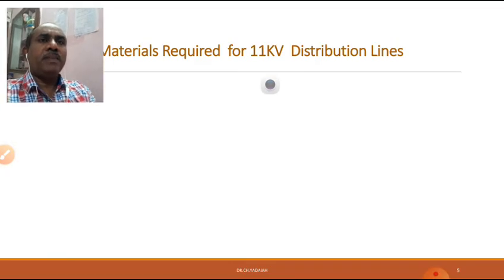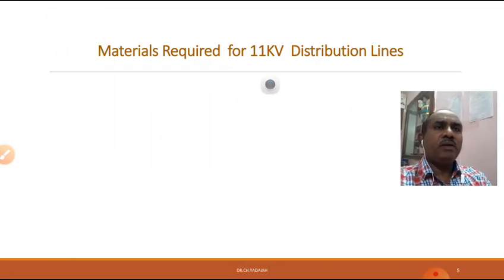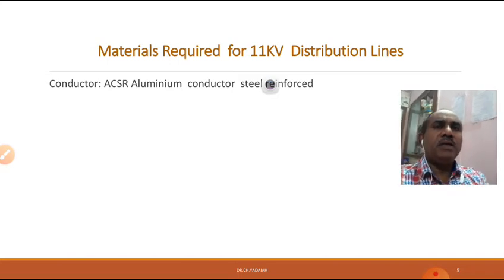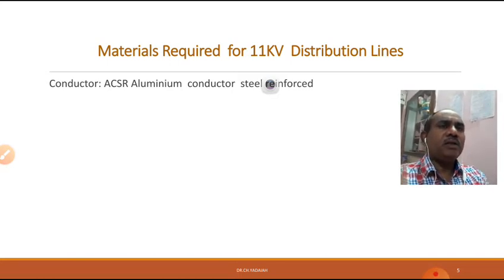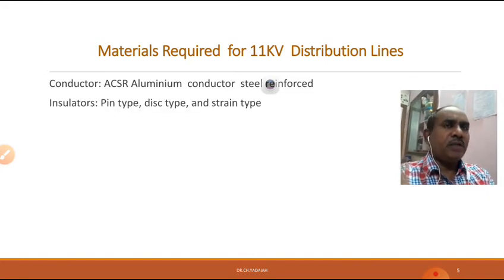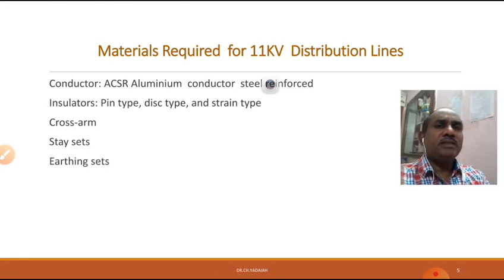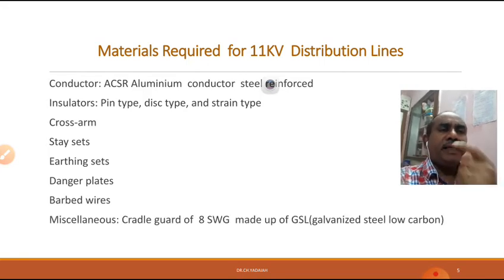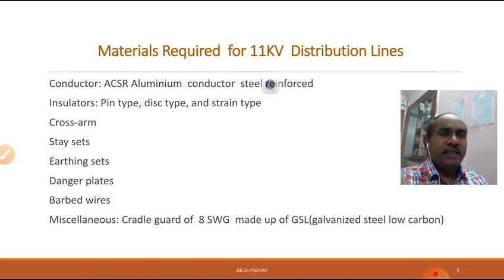Here are the materials required for an 11 kV line or any line. First is the ACSR, aluminum conductor steel reinforced, insulators, that may be pin insulators, disc insulators, cross arms, stay sets, earthing sets, danger plates, barbed wires, anti-climbing wires, and miscellaneous.